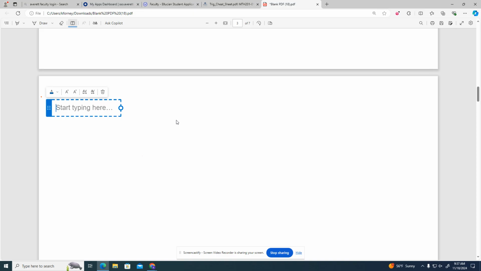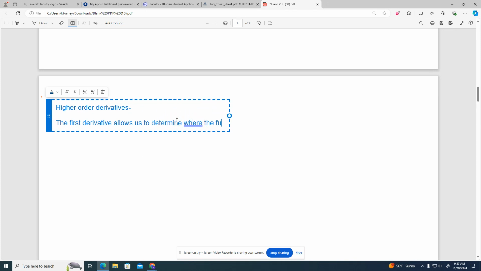So, higher order derivatives. The first derivative allows us to determine where the function is increasing and decreasing.